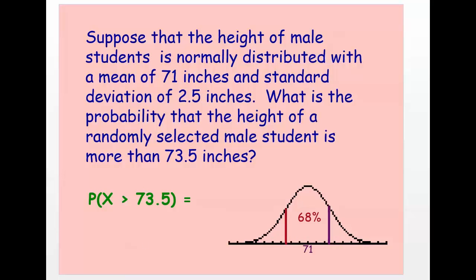I could add them up using that previous chart, or just use symmetry. I know that this is 68%, which means the other two sides have to be 32, and I want just the upper piece. So 32 divided by 2 is 16. So 16% of the heights are going to be larger than that particular value. Okay.